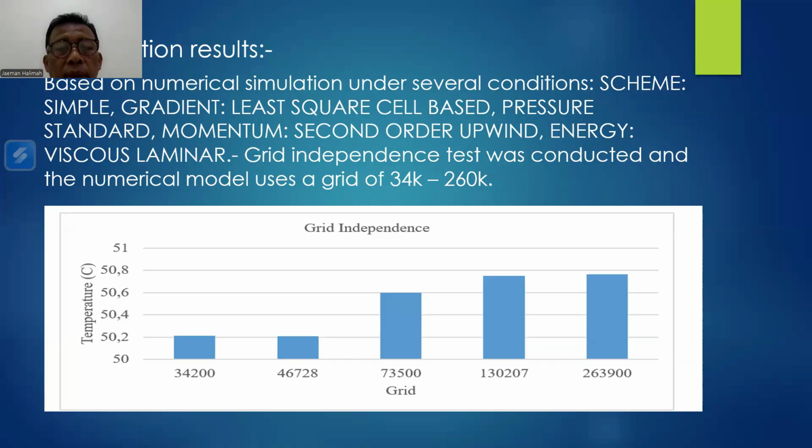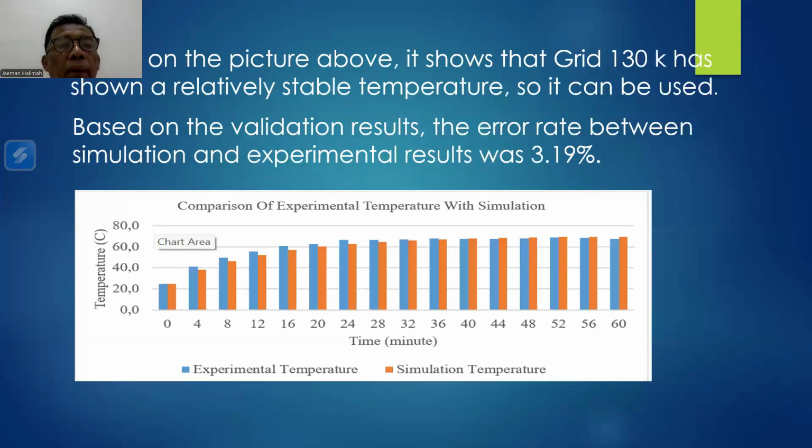This is a grid independence graph, with grid on the X axis and temperature on the Y axis. Based on the picture above, the grid of 130 thousand has shown a relatively stable temperature, so it can be used.